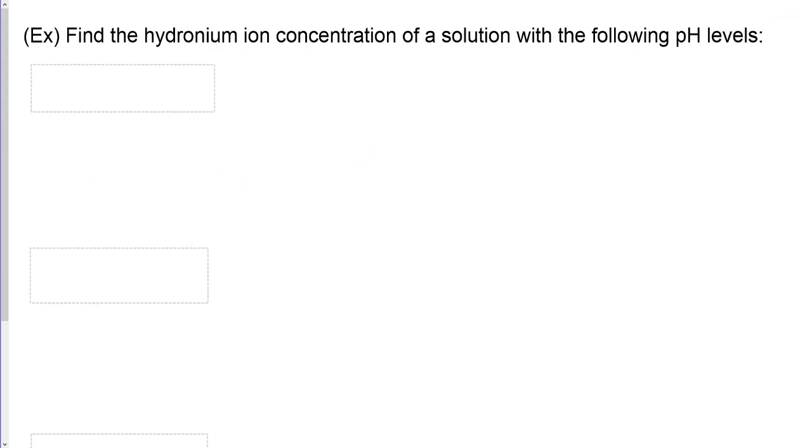Okay, let's reverse this. Now let's say we want to find the hydronium ion concentration of a solution with the following pH levels. So for instance, if I have a pH level of 12.8, then what I need to do is use the formula.